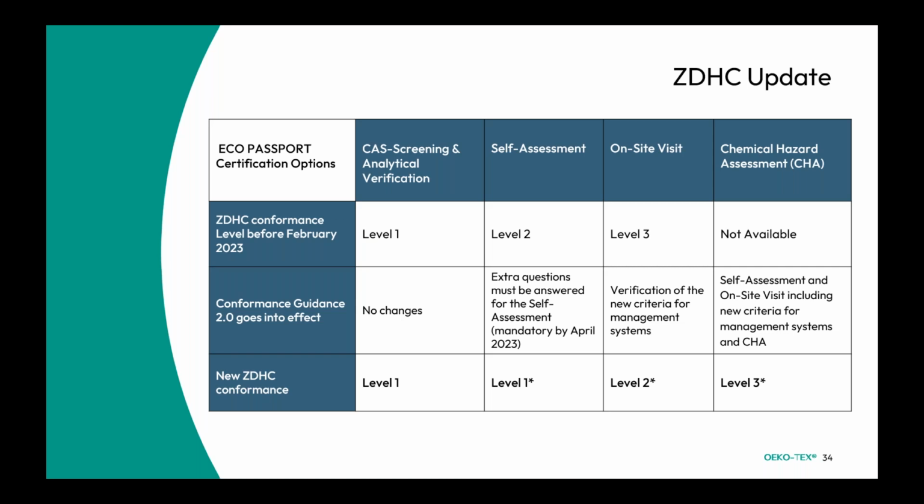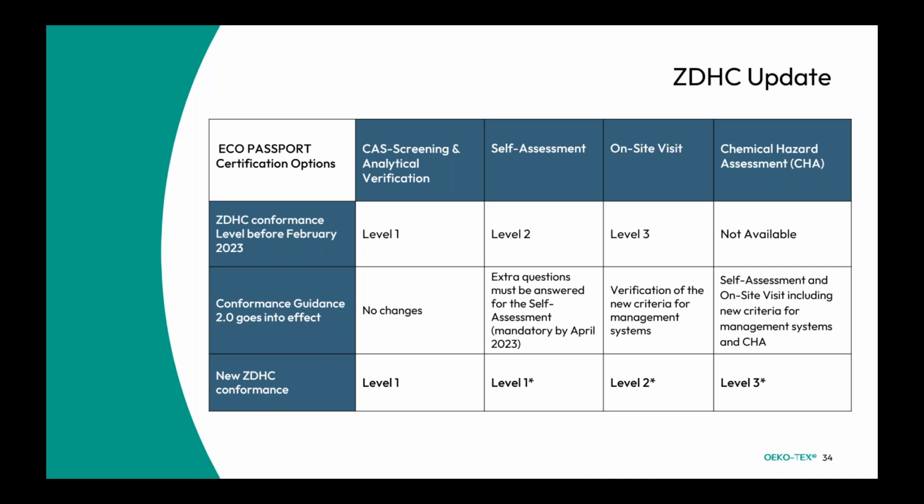However, with the on-site visit, there have been some new questions added. So there has to be a verification of the new criteria for the management system as of February. It used to lead to level 3, but now leads to level 2 of the ZDHC conformance.